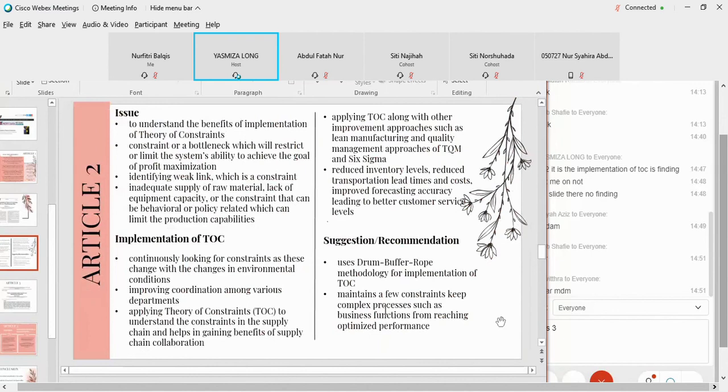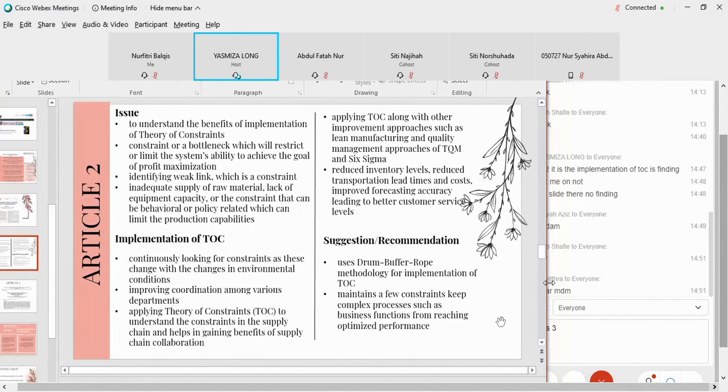This one is a suggestion, that means they use the drum buffer rope to overcome the issue in the supply chains. But I don't know is the implementation of TOC the finding or not lah.